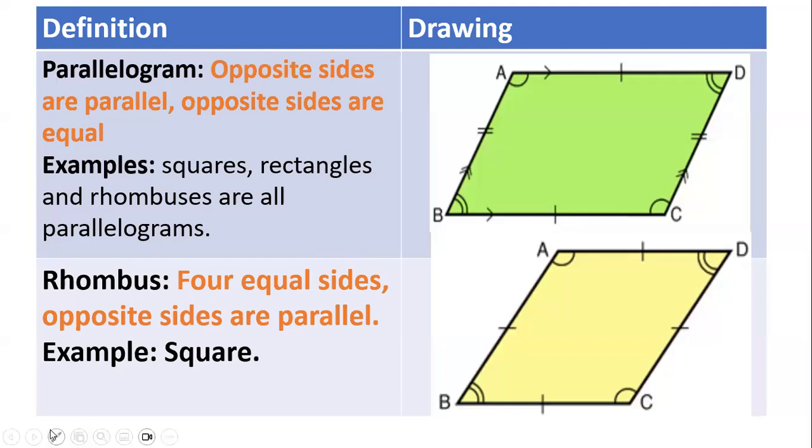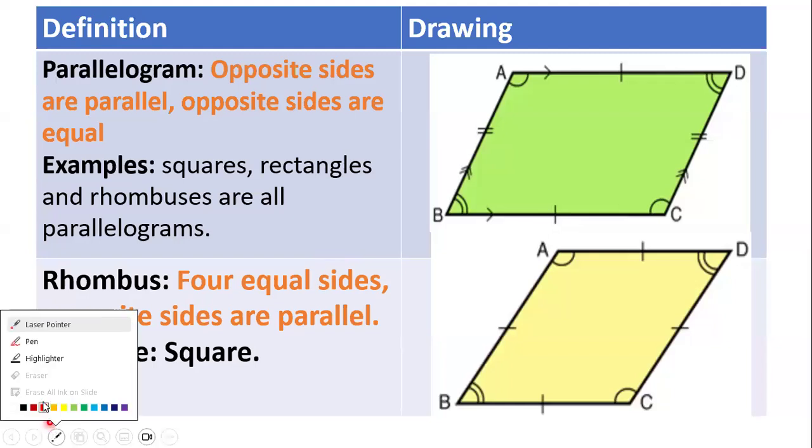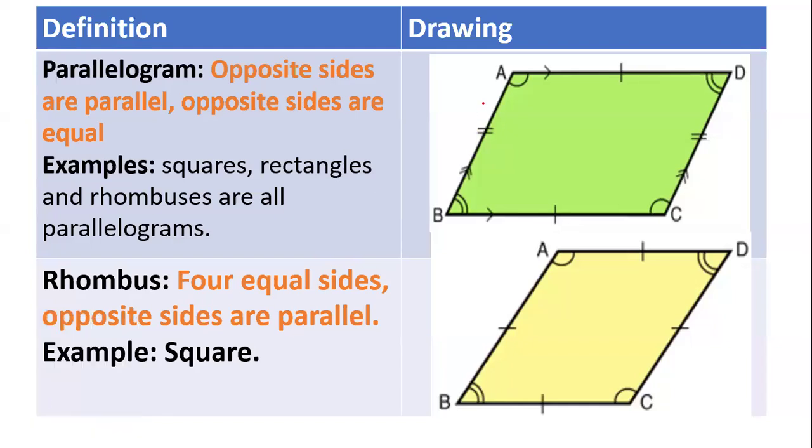Okay. The difference is, look at these two. This one has what? Double lines, right? But this one, all of the lines are single. Why is that?